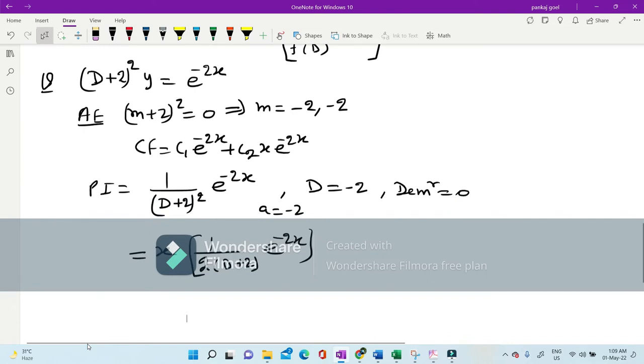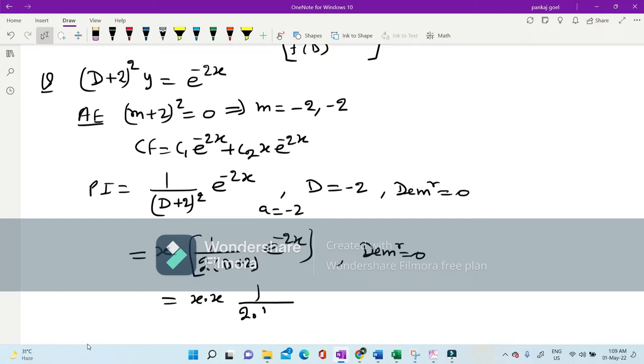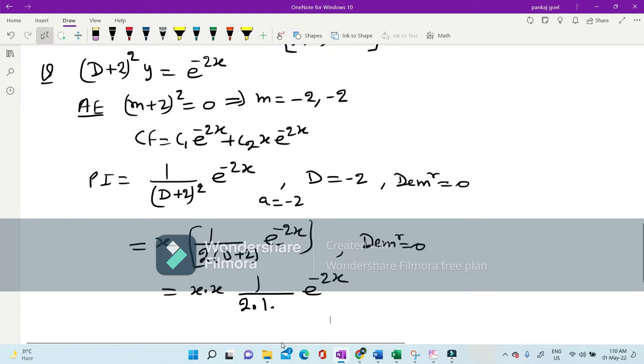Now you can see that again if we put d equal to minus 2, this denominator will be equal to 0. So again differentiate, multiply by x into x, 1 upon 2 into 1, as the differentiation of d plus 2 is 1, and this e to the power of minus 2x. The final answer will be written as CF plus PI.